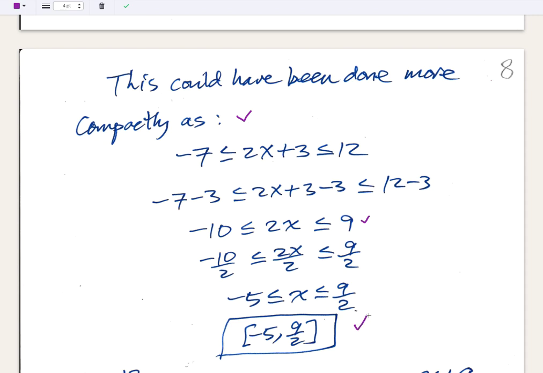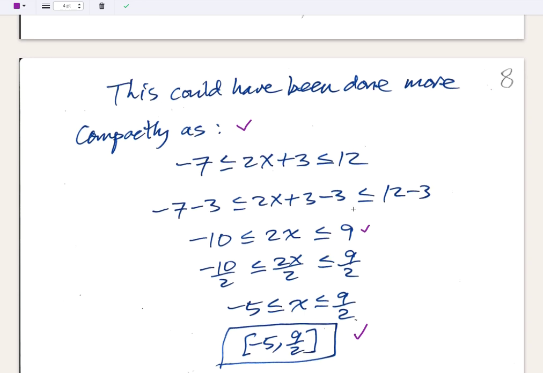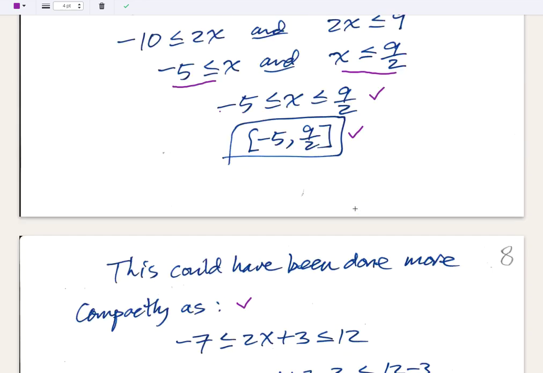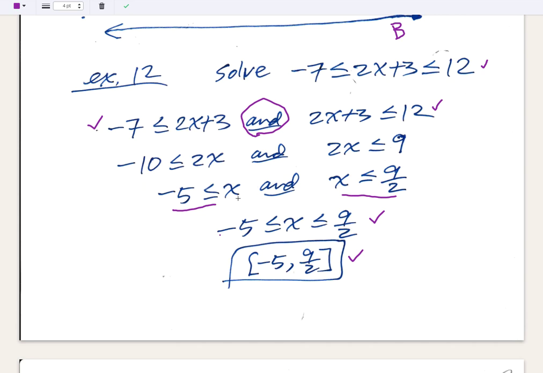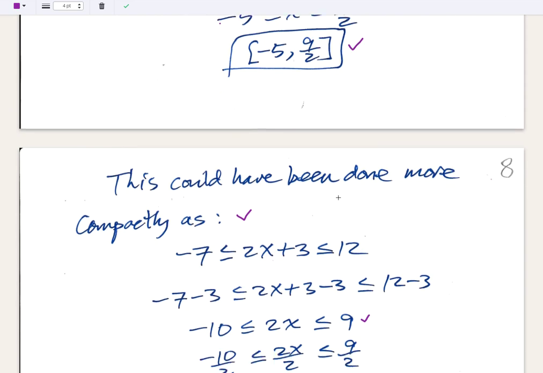Remember, 2 is positive, so the direction of the inequalities doesn't have to change. The reason why this worked, and I could write this compactly like this, is because I was using exactly the same operations to isolate x in each case: subtracting the 3 and then dividing by 2.